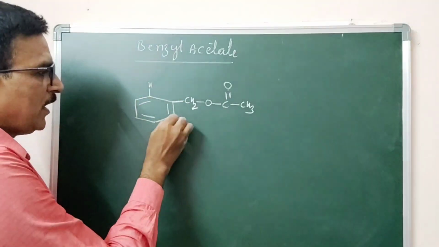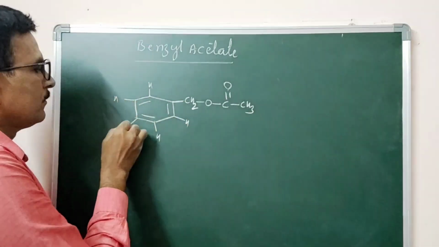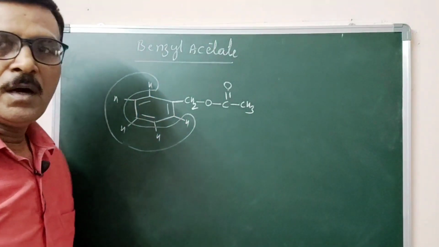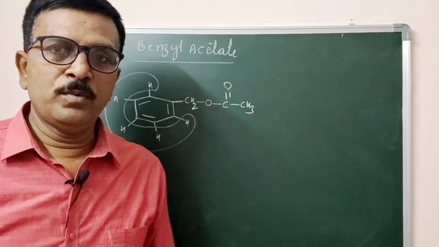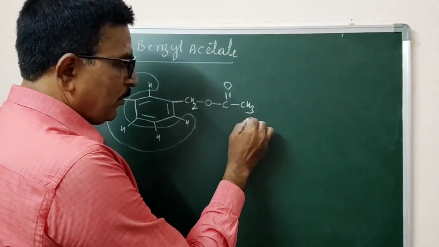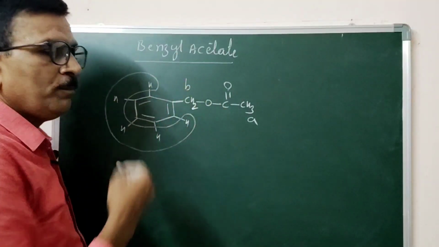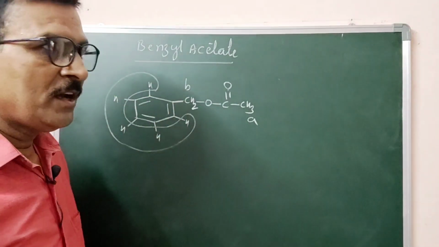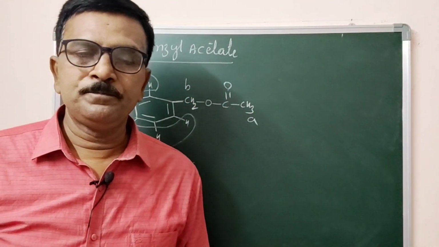Now there are 5 aromatic hydrogens. All the 5 aromatic hydrogens are grouped under one group. This is A proton. CH2 proton belongs to B category. All the 5 hydrogens of the benzene ring come under one category, that is C category.